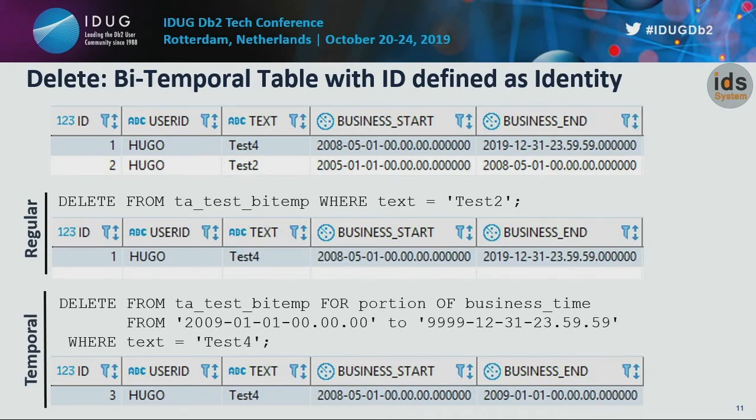But look at that. It got an ID 3. Why 3? Well, 2 was used already, so it's gone. We get a new one, 3. But why didn't we get a new one? Yes, it's a new insert.